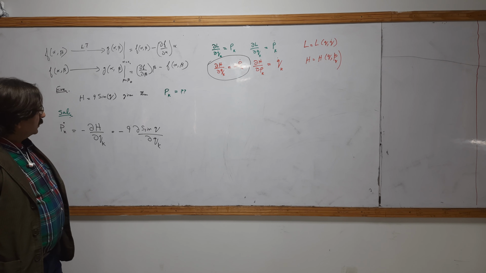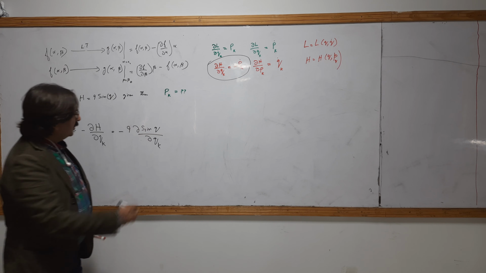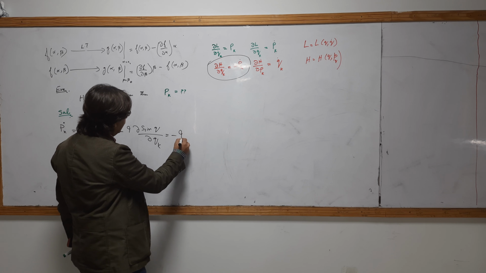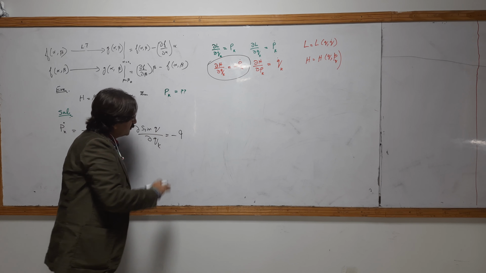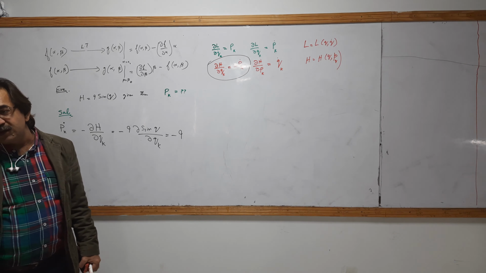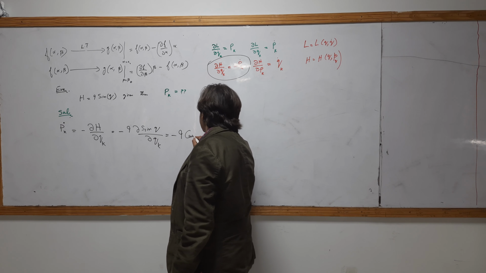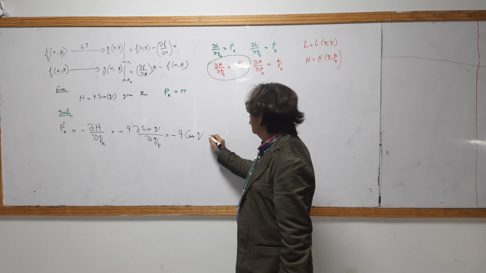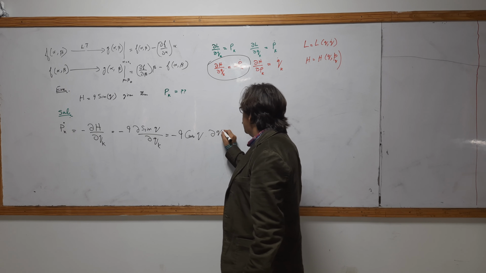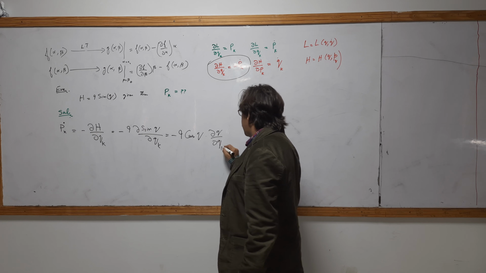When we take the derivative, that will be minus 9, and the derivative of sine will be cos, so it will be cos Q, partial Q over partial QK.